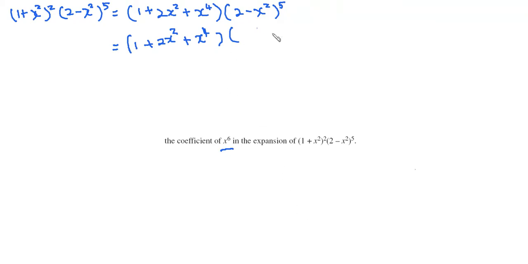Okay, let's look at the x^2 term. We're talking about this x^4 times x^2. Now, to get x^2, remember this doesn't start out with x to the power 1. This starts out with x to the power 2. So if I bracket it, actually r is 1.